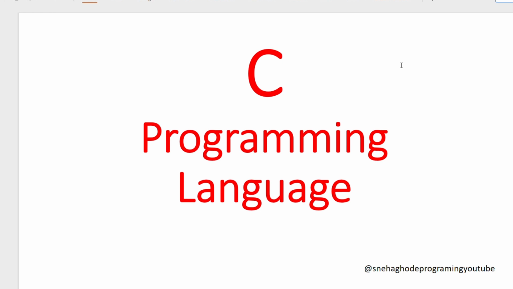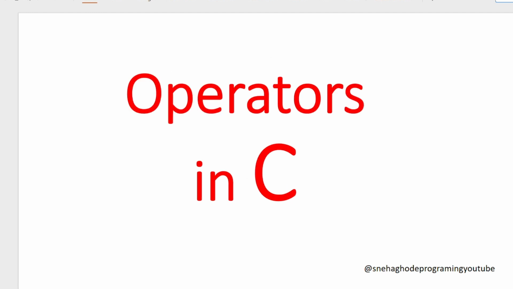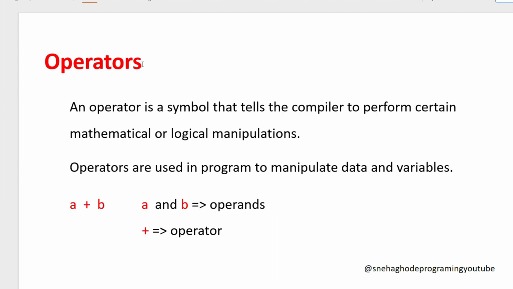So, as we know, we have already started the C programming language playlist. In the previous video we started operators in C language, and we completed what operators are. There are two things we have to deal with, operands and operators.